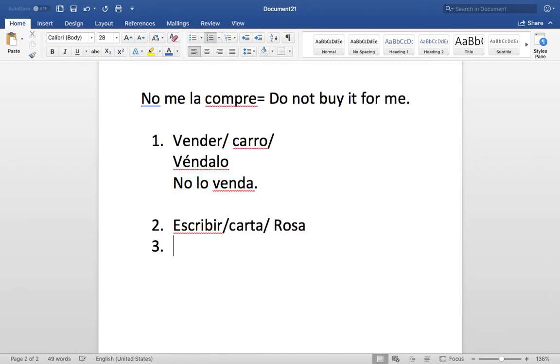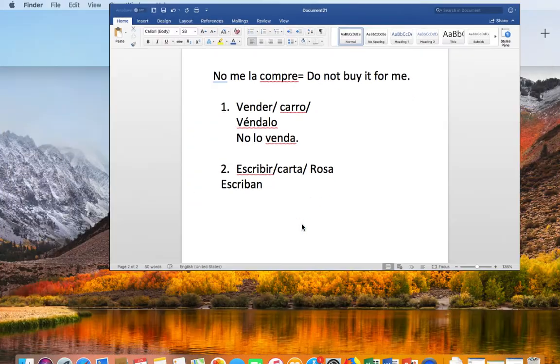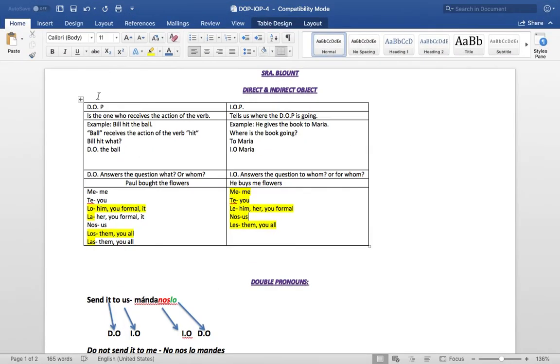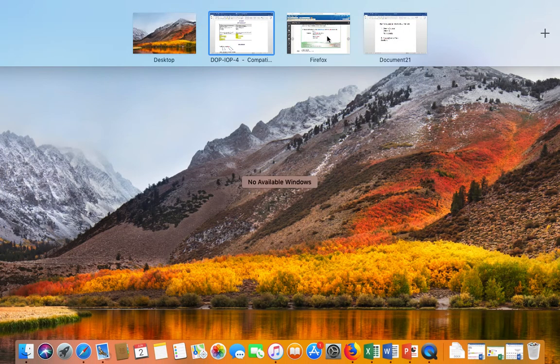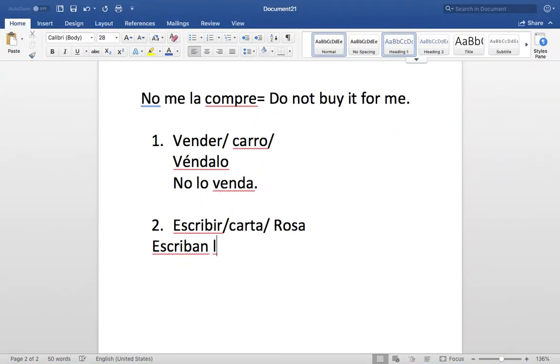I'm going to have another example, which is this one, escribir carta a Rosa. What is the command for escribir? For ustedes. Escriban. This time I'm going to do ustedes. You're telling everybody, hey, all of you, write the letter to Rosa. Carta is letter. You're going to replace carta with the direct object pronoun. It's feminine, so la.